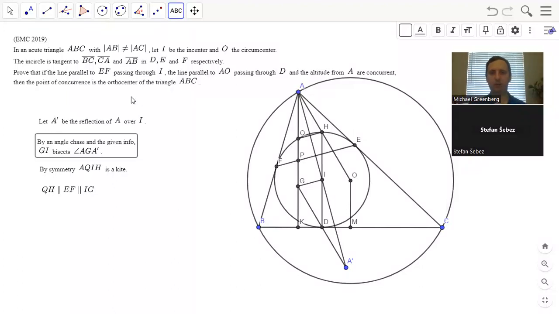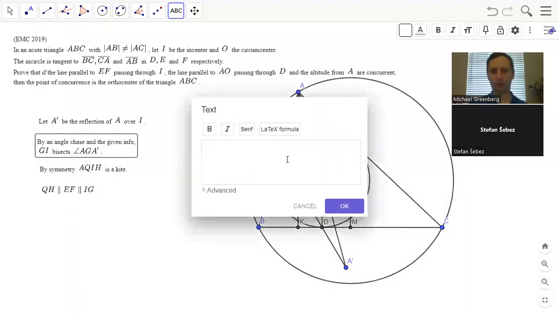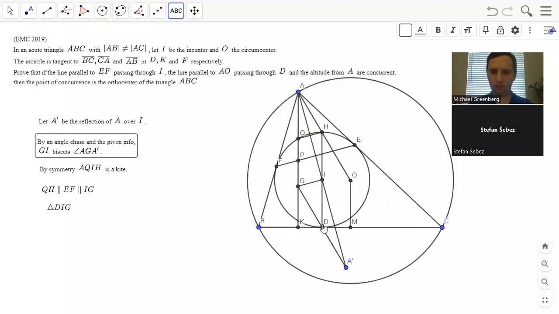So DIG is isosceles, and DG is parallel to AO. So since IHQ is isosceles and HQ is parallel to IG, how did we know that was isosceles?